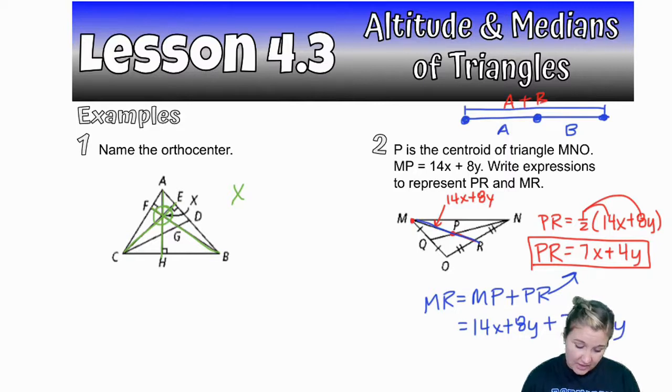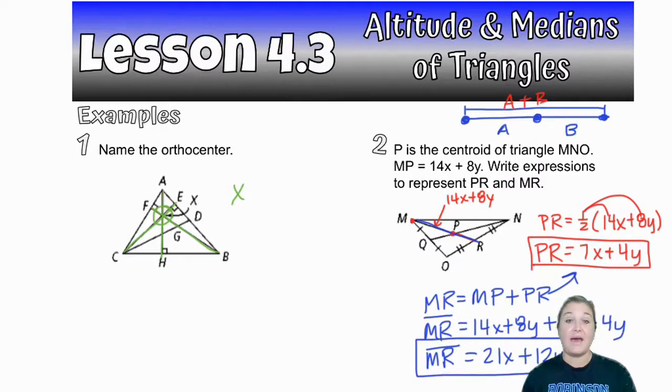And so that's whatever line segment MR is. Then I'll just add the coefficients that have the same variable. So I'm going to have 21x plus 12y. And that's what I have there.